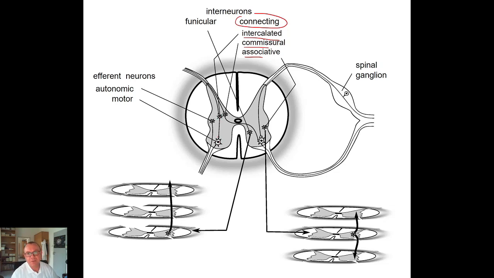Their axon doesn't leave gray matter, and even more, their axon doesn't leave half of a gray matter. So this is an intercalated neuron. Commissural neurons are similar, but their axon is going through the gray commissure to the other side. So it connects afferent axon with the motor neuron contralaterally.